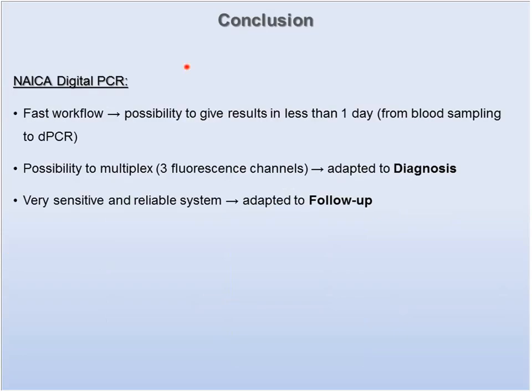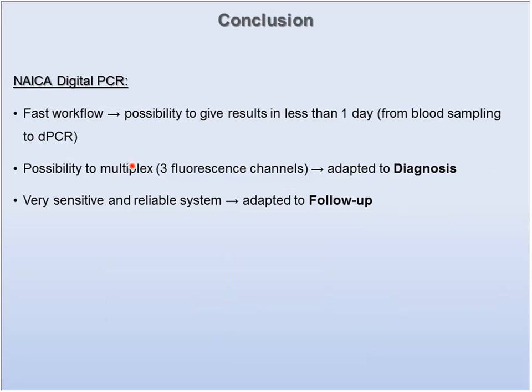And finally, I would say about this system that it's really a fast workflow that gives us the possibility to give results in less than 1 day, from the blood sampling to the digital PCR results, which is pretty good for our clinicians.